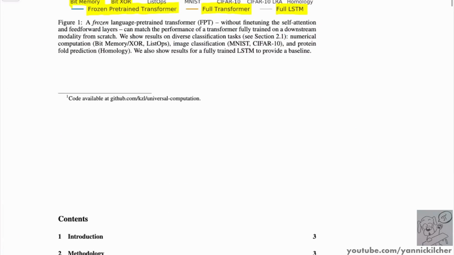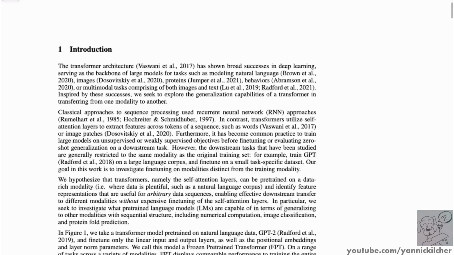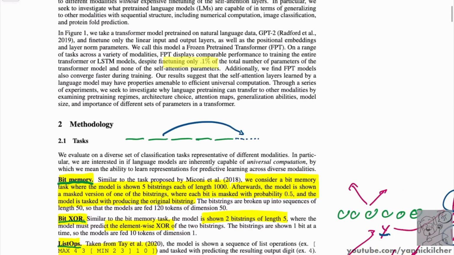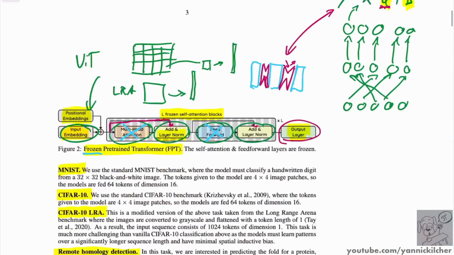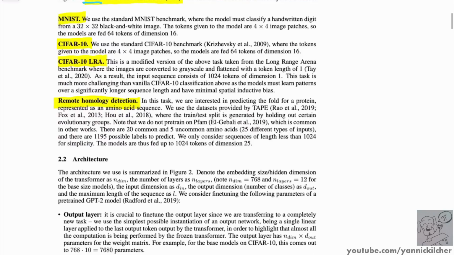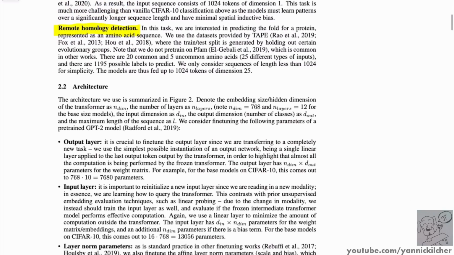I get it, you pre-train, whatever, but only fine-tuning 0.1% of the total number of parameters of the transformer model, and none of the self-attention parameters, I don't think it's entirely fair to call this zero shot, unless I have completely overseen and misread the paper, which of course is possible because I'm just one person reading a paper.